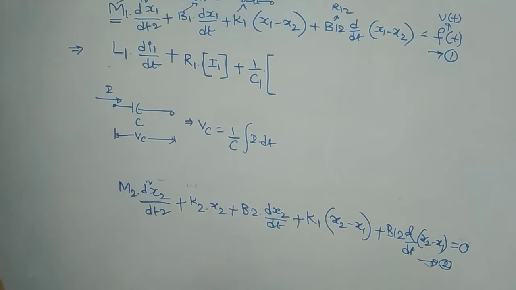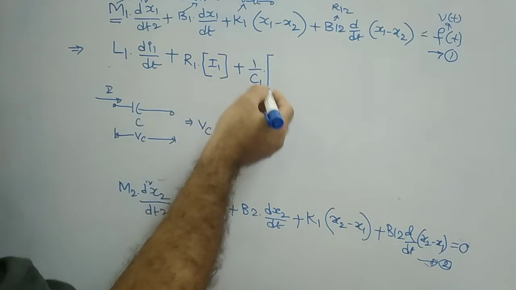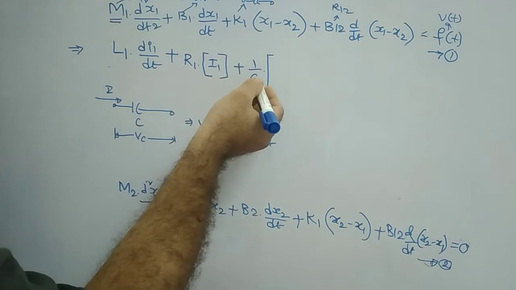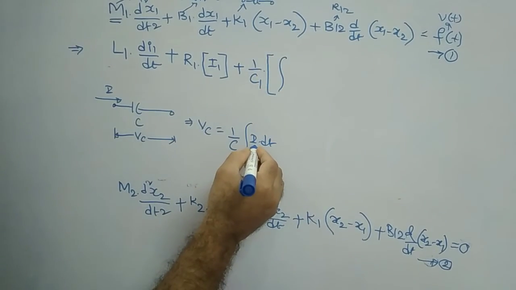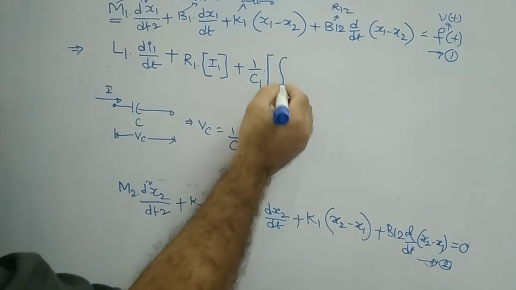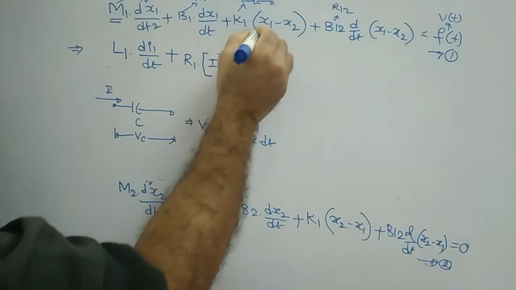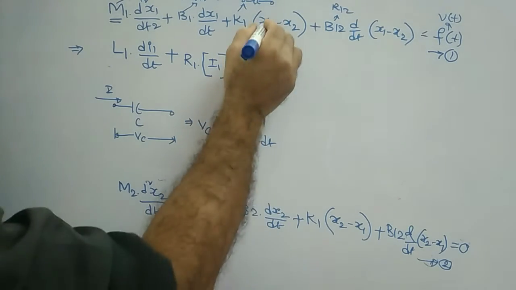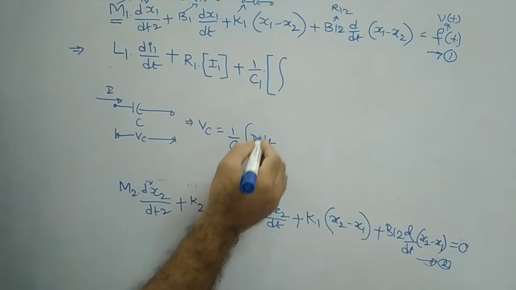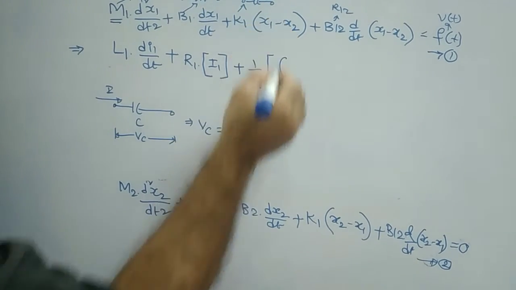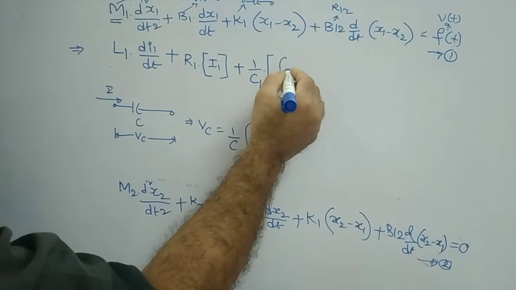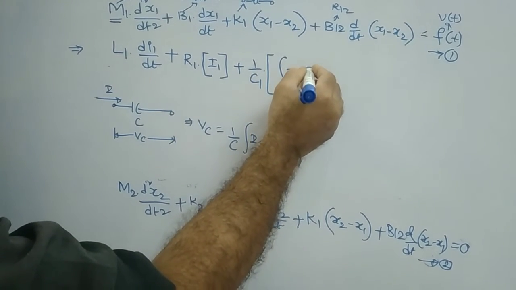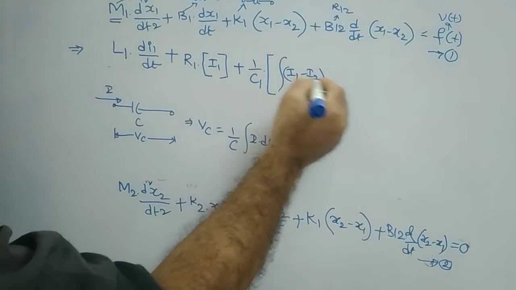This is the voltage across. So 1 by C, nothing but your 1 by C1 actually. Then you have to consider the integral as per this. Then it becomes I dt, nothing but I1. If you apply this integral to this particular, the current becomes I1 minus I2, into dt.